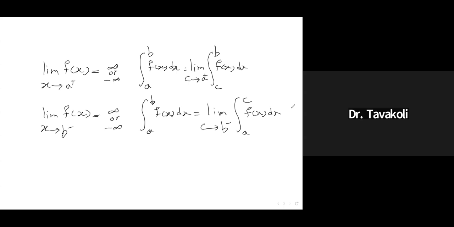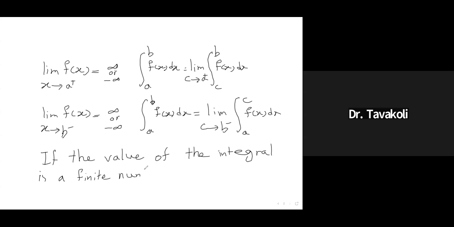In these cases, if at the end the integral is a finite number, the integral is convergent. Otherwise, it is divergent. So for instance, if I get the value of the integral to be plus or minus infinity, that's definitely divergent. So if the value of the integral is a finite number, the integral is convergent.